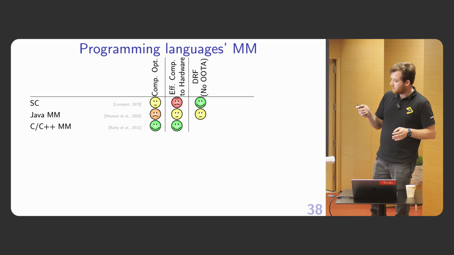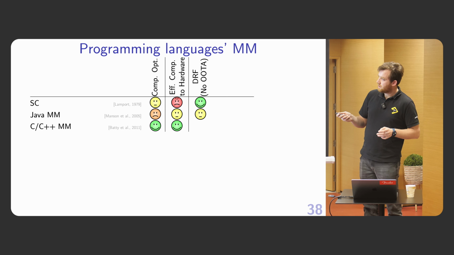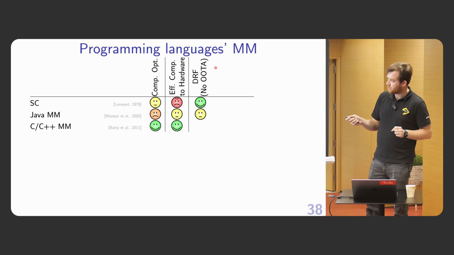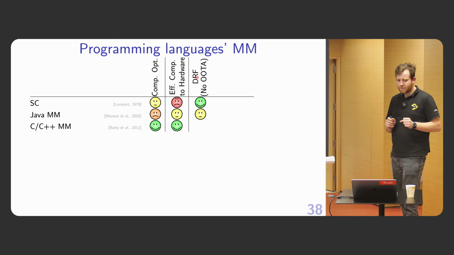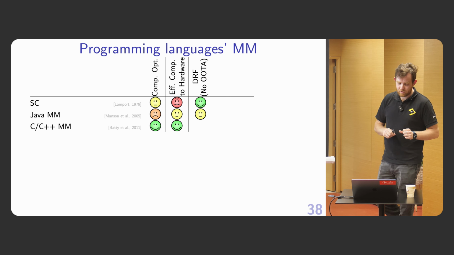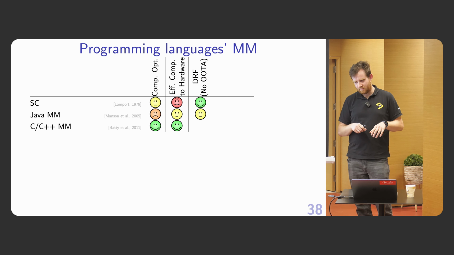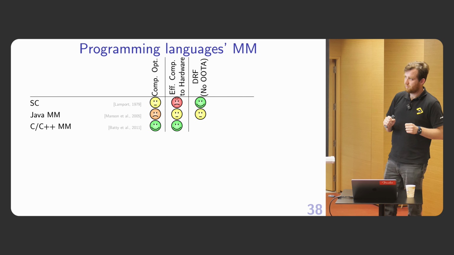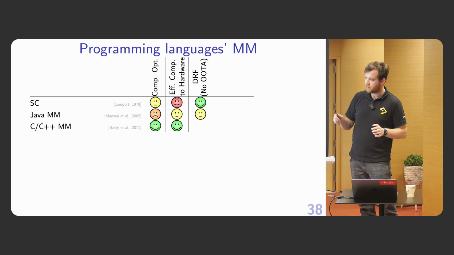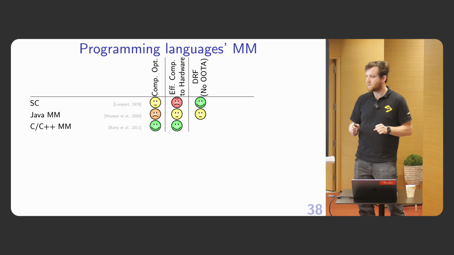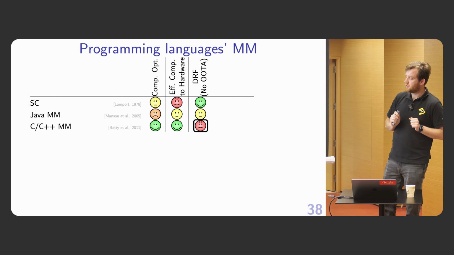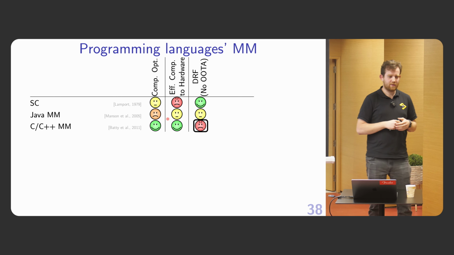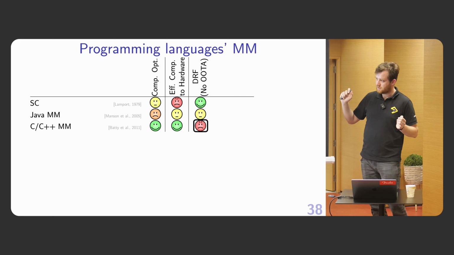The way the Java memory model solves this problem is a bit problematic, and because of that, it has some drawbacks and is relatively hard to understand compared to other memory models. But if we discuss the C++ memory model, then we'll see that the situation is the worst among these three.